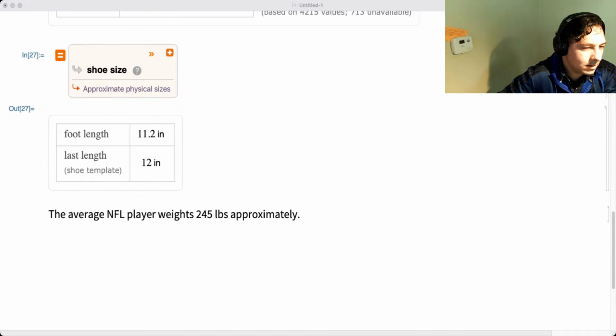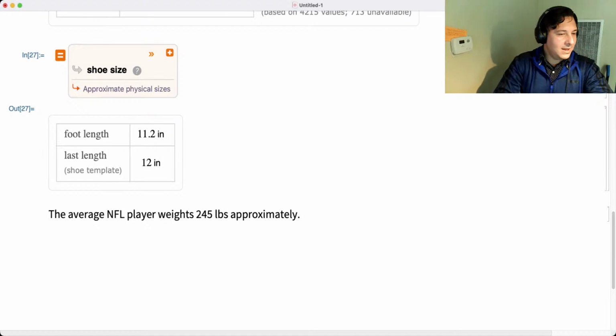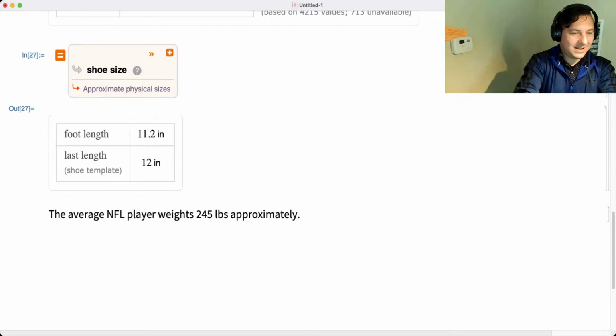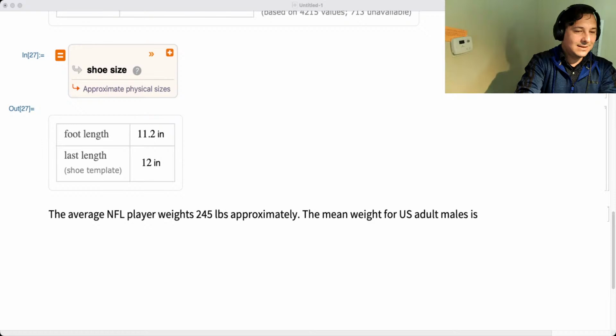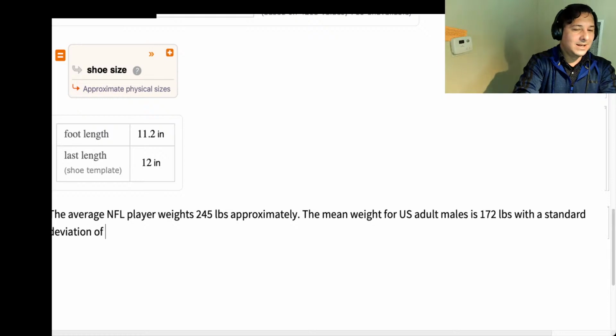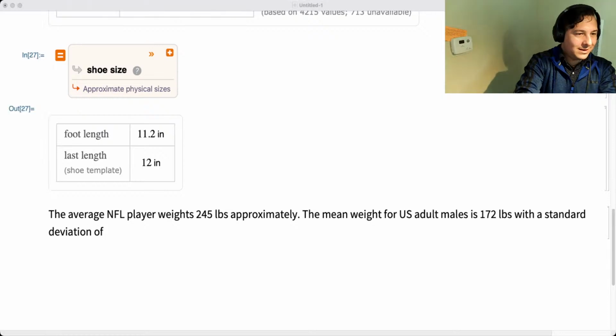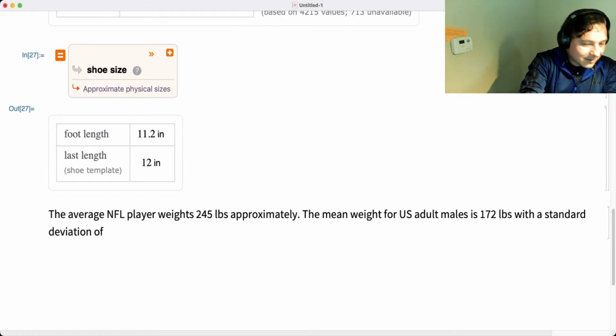Okay, cool. The mean weight for U.S. adult males is, drumroll, 172 pounds. With a standard deviation of... I just lost it. Where did my tab go? 29 pounds.